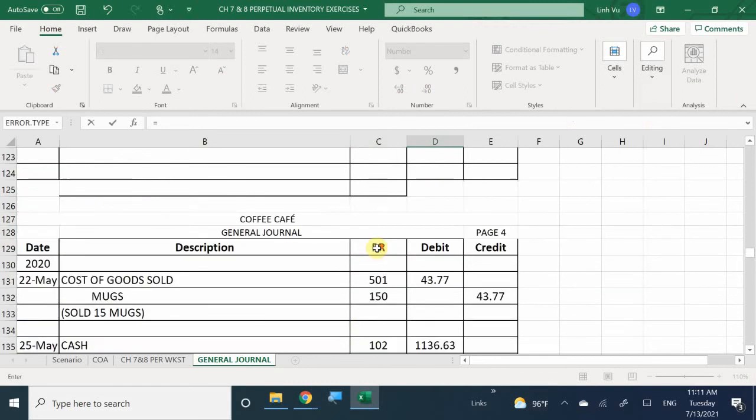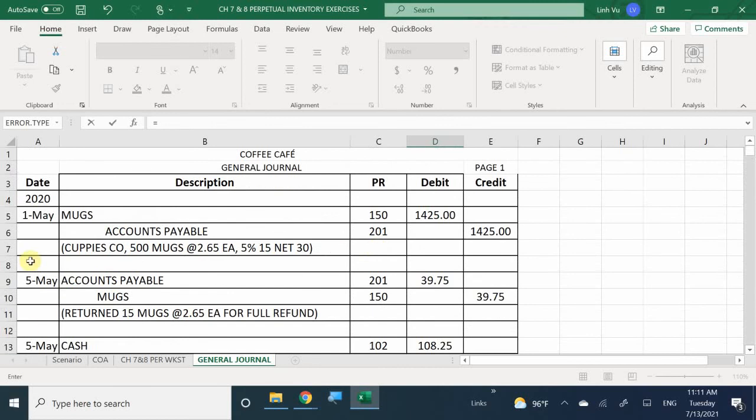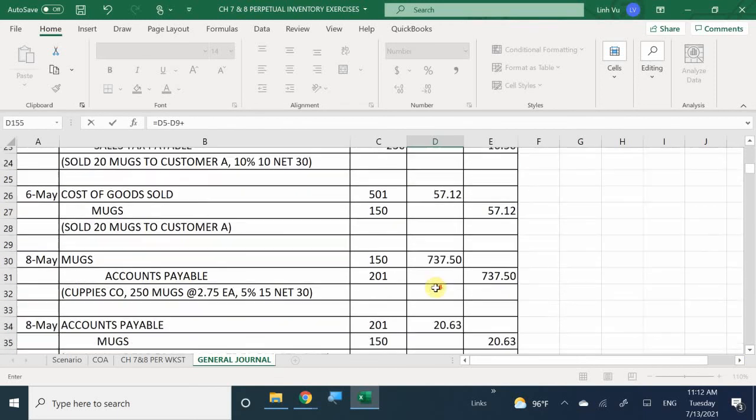So on the first, how much did I charge on my account? I charged a total of $14.25. However, I reduced my amount by $39.75. So there's a subtract right there. Then I made a purchase on the 8th.